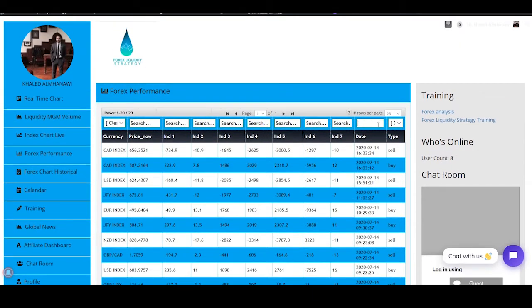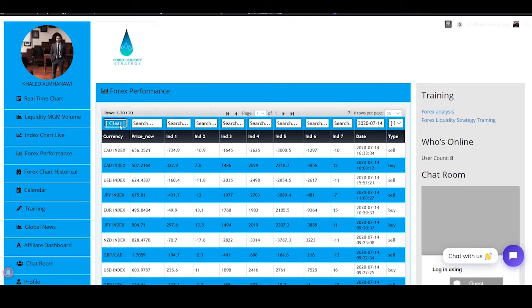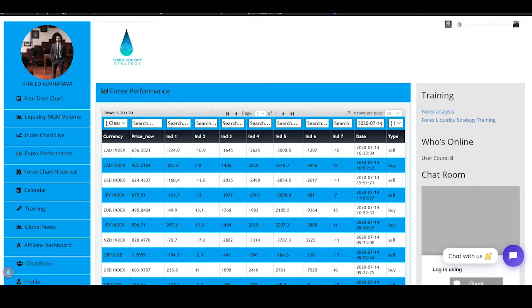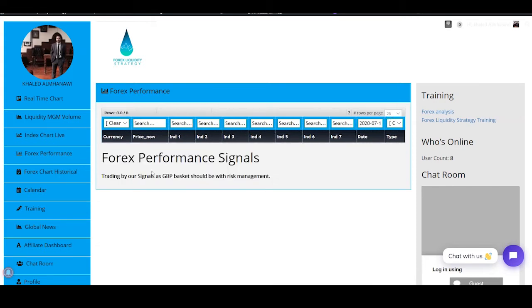If we go back to last week, as you know, this is the dashboard, you can choose any pair to look at, as well as the time, the date, and the type, sell or buy. If we look at the 13th, you can see here we had no alerts.